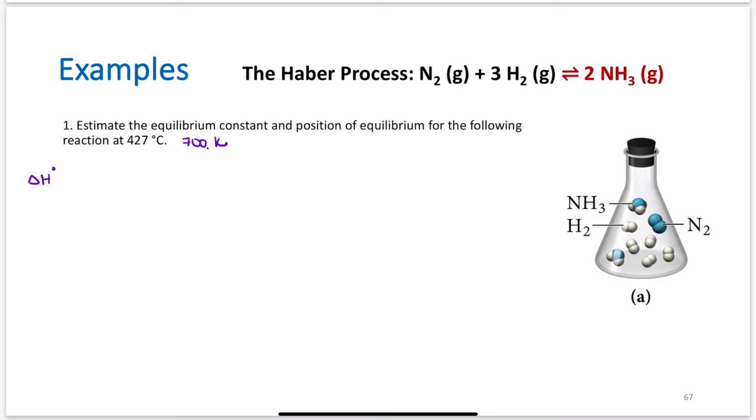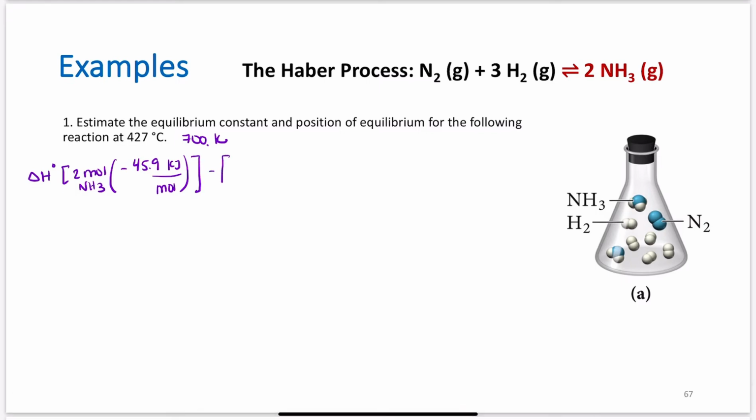Delta H: 2 moles NH3, and you can look up these values in your book, times minus 45.9 kilojoules per mole, minus 1 mole N2 times 0 kilojoules per mole, plus 3 mole H2 times 0 kilojoules per mole. Again, those are 0 because they're in their most stable state. So I find the delta H value here to be negative 91.8 kilojoules.